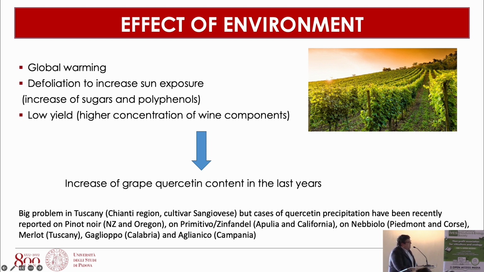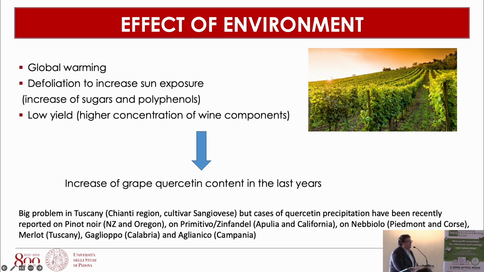And for now, it seems that this problem is limited to Tuscany, Chianti and Brunello, which are produced with Sangiovese. But we noticed some cases of quercetin precipitation also in other regions, in New Zealand, in Oregon, also in California, on Primitivo.